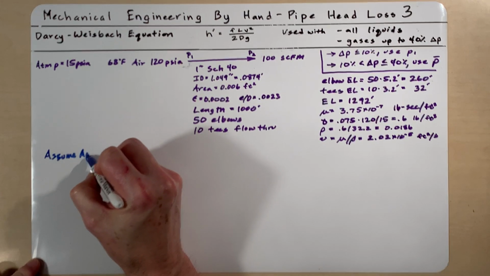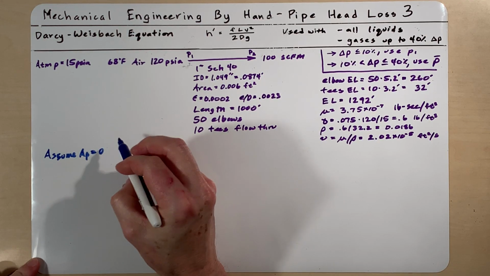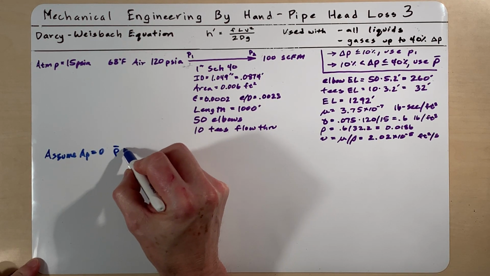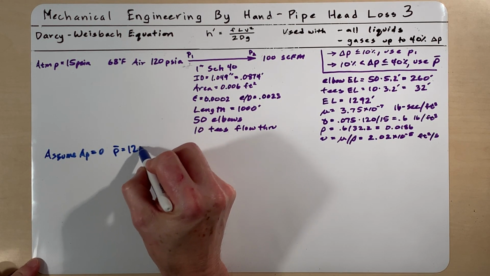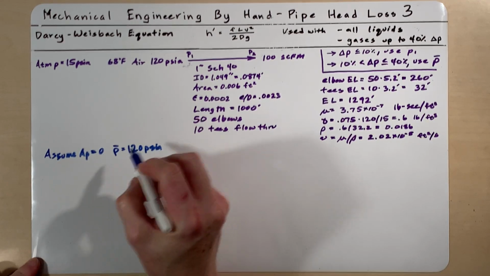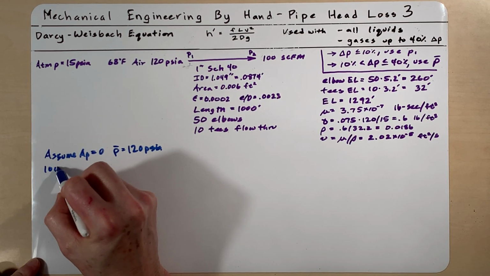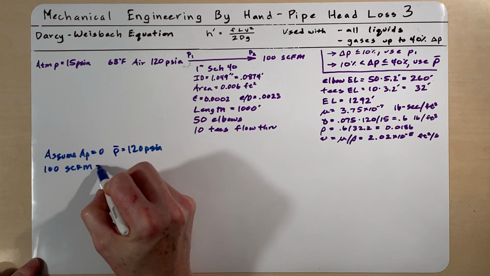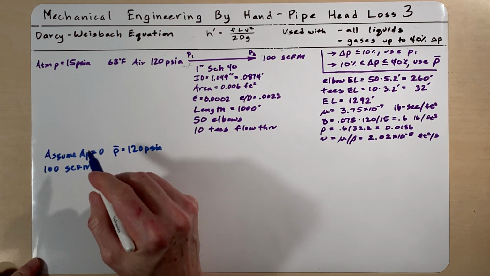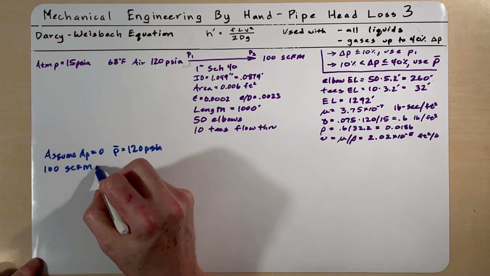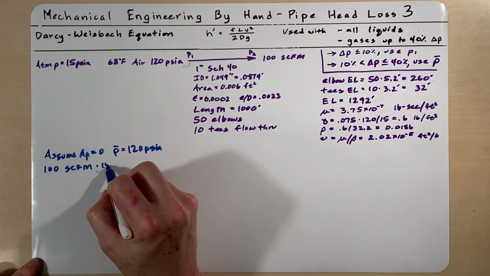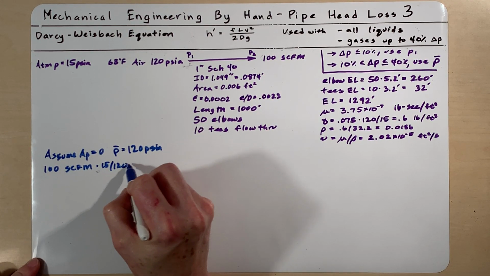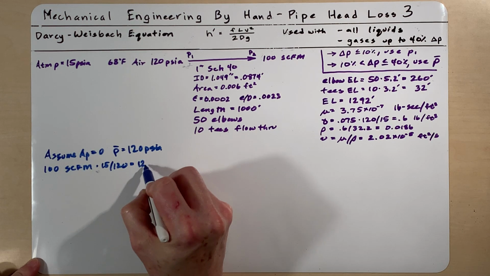Assume change in pressure equals 0, and so our average pressure equals 120 psia. Converting the 100 SCFM to ACFM, times 15 over 120 equals 12.5 ACFM.